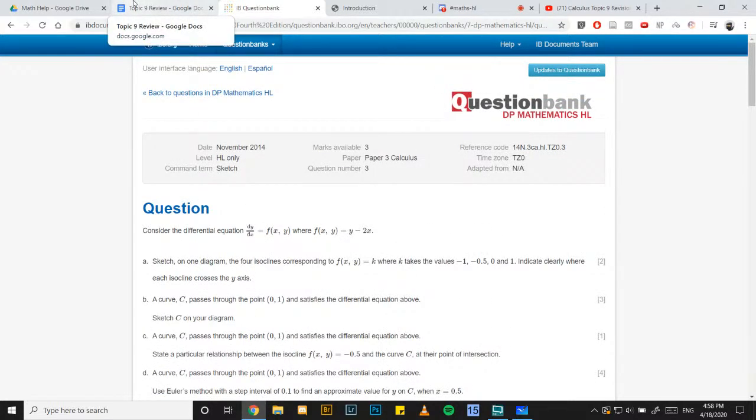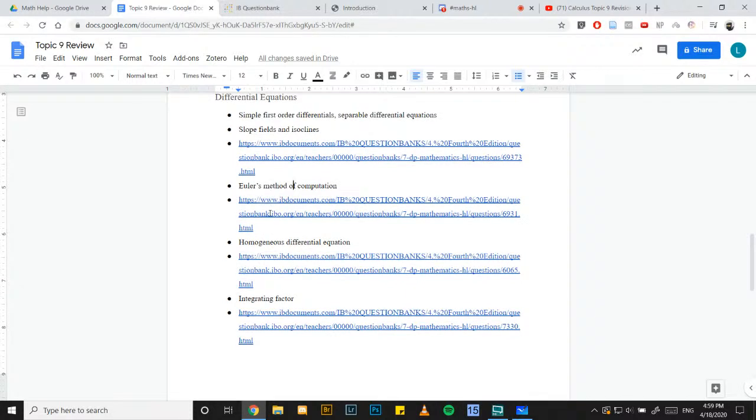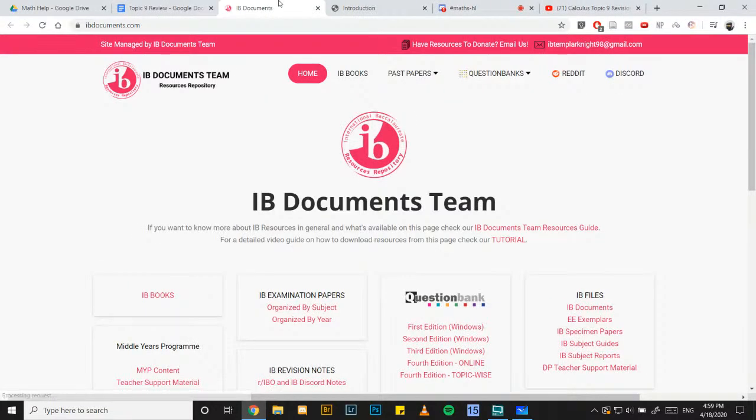Wait a second. Wait a minute. I'll come back to this. Let's do Euler's method of computation in a second. I think I'll do slope fields last. I think that makes more sense. Okay, let's do Euler's method of computation.